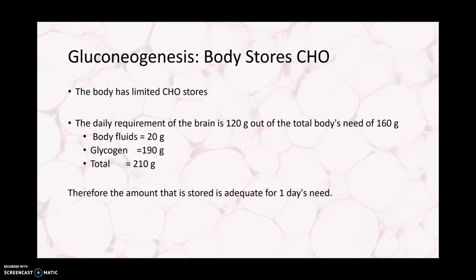So our brain takes a lot of glucose for it to run. So our body fluids take about 20. We also have stored about 190 grams in our glycogen form, giving us a stored total in our body at any given point in time of 210 grams. So ultimately, the amount that is stored is adequate for only one day's need.